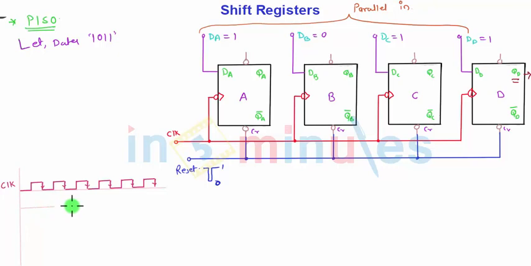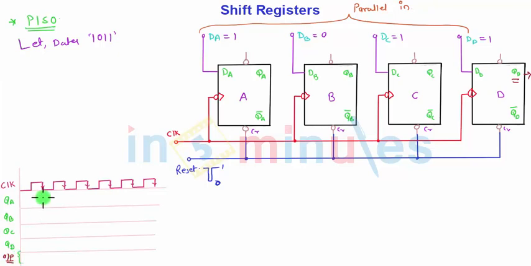This is the line for A, B, C and D, and the final line will be for the output. So this will be the QA, QB, QC, QD lines, and this final line will be for the serial output.